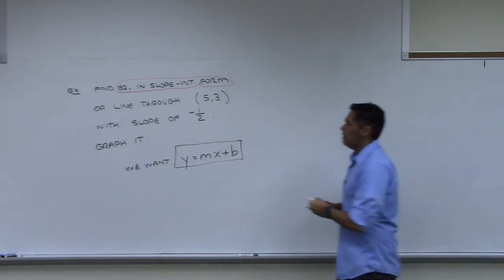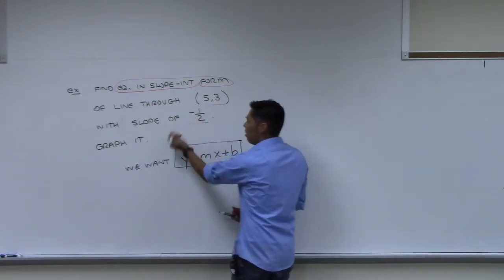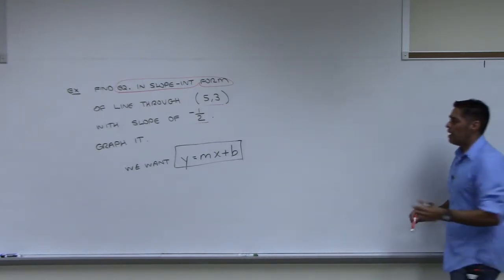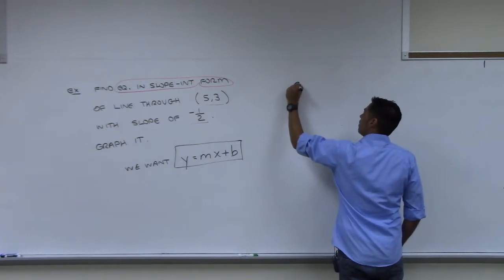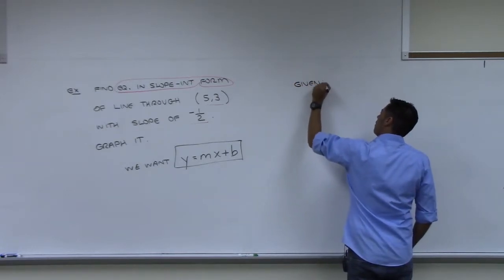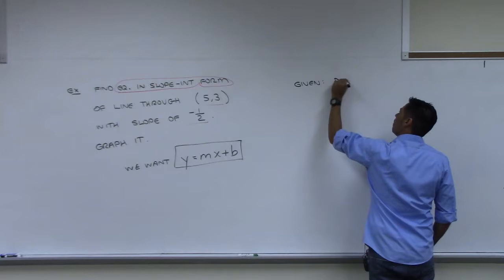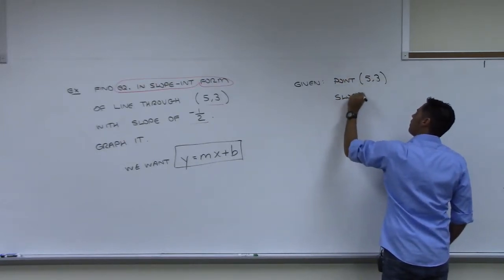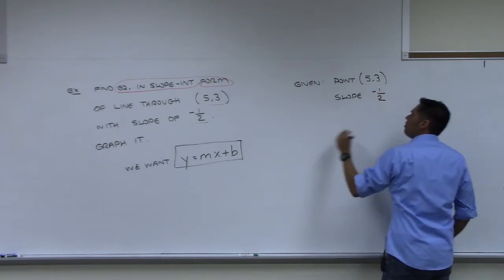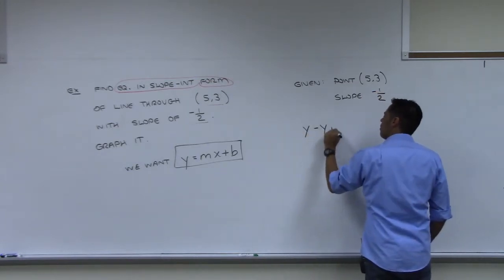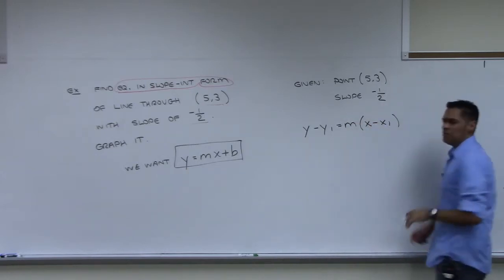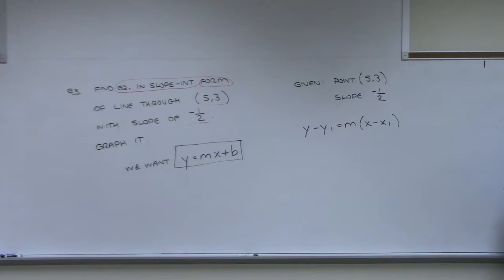However, we're given a point and a slope, so we're going to use the point-slope formula to start. We're given a point, 5, 3, and a slope of -1/2. I'm going to use this formula, y minus y1 equals m times, in parentheses, x minus x1. This is just plugging numbers in. That's all we're going to do now. So for us, what's y1?